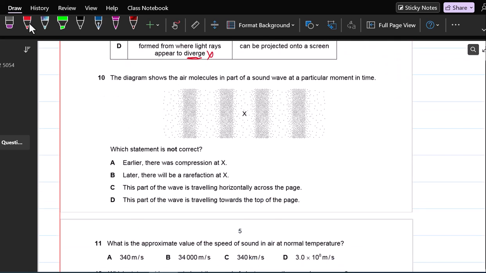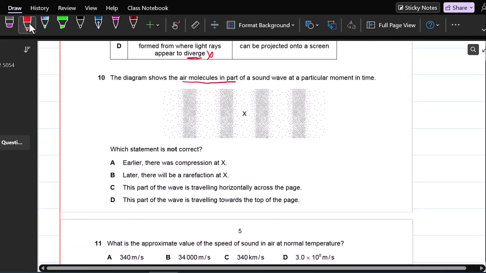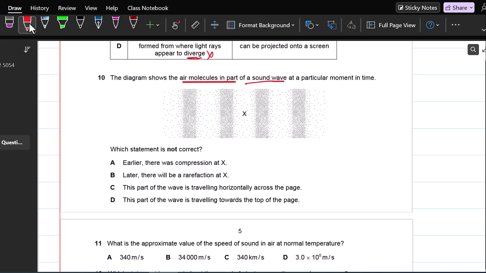The diagram shows the air molecules in part of a sound wave at a particular moment in time. Which statement is not correct? A is saying earlier there was a compression at X. Earlier you can see compression is at X, so they are right. Later there will be a rarefaction at X. You can see here it is rarefaction.